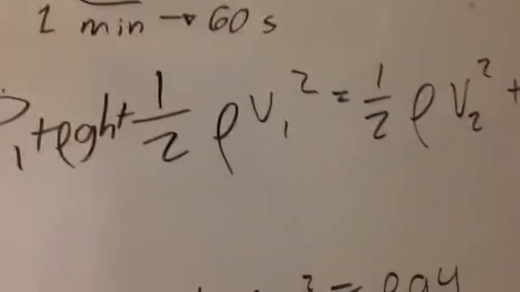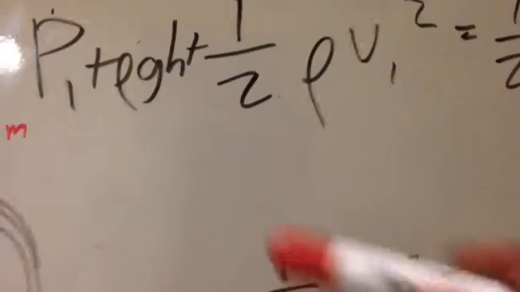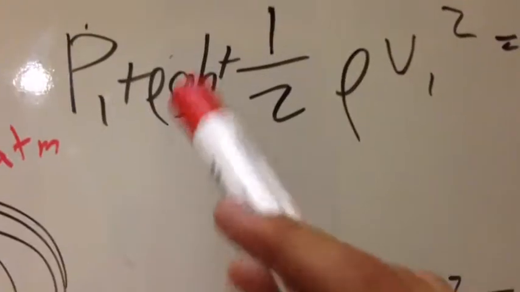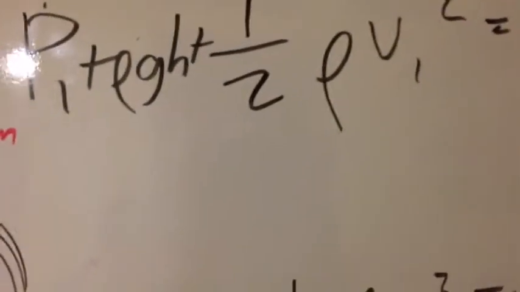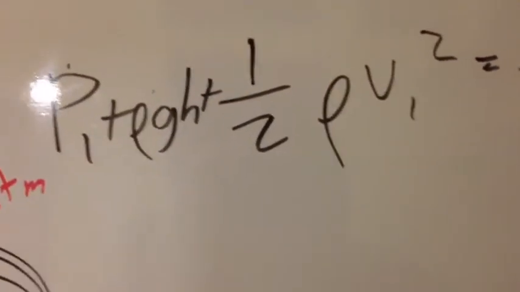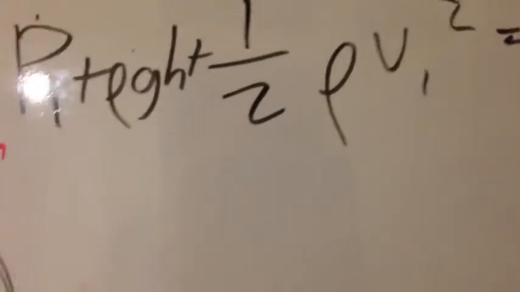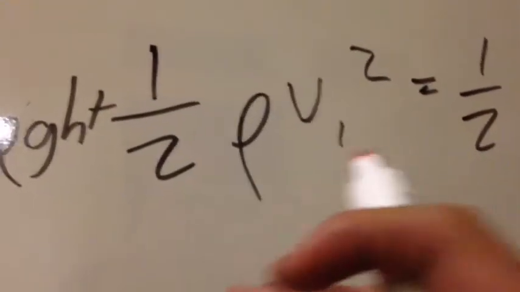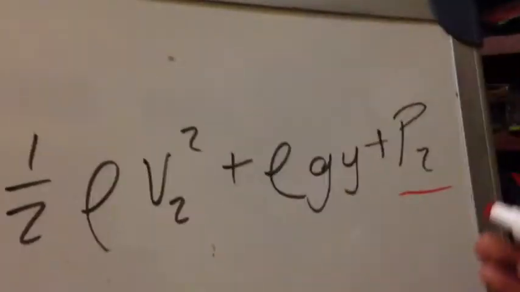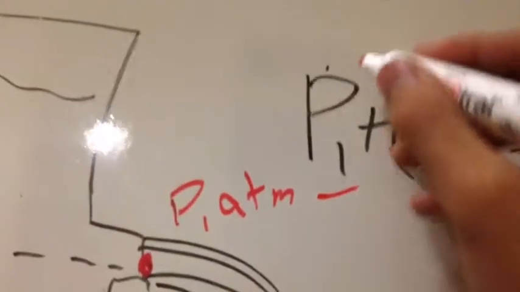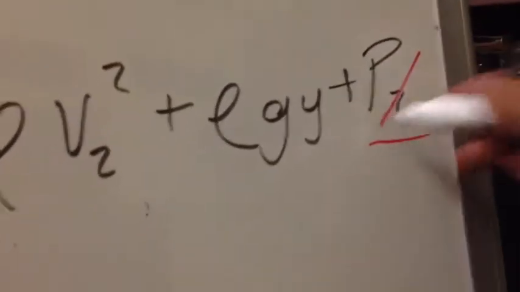First we have to plan this. We have our pressure 1 plus the potential energy, in this case for the water, the kinetic energy, and same in here for the upper part and the lower part. We can assume that these two pressures are the same, so we can eliminate them.